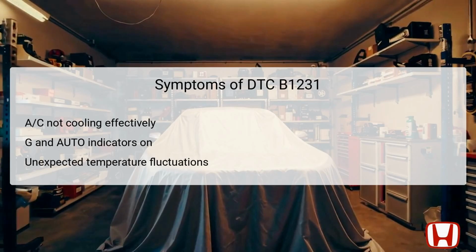There may also be unexpected temperature fluctuations inside the cabin, as the system can no longer properly adjust based on the temperature readings from the sensor. These symptoms can lead to user discomfort and indicate a significant malfunction that must be addressed promptly.